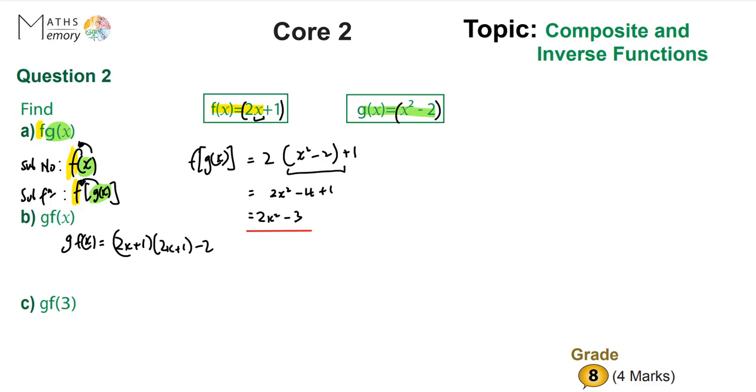Let's do the crab claw: 2x times 2x, 2x times 1, 1 times 2x, 1 times 1. That gives 4x squared plus 2x plus 2x plus 1 minus 2, which is 4x squared plus 4x minus 1. So that is your final answer for this one.